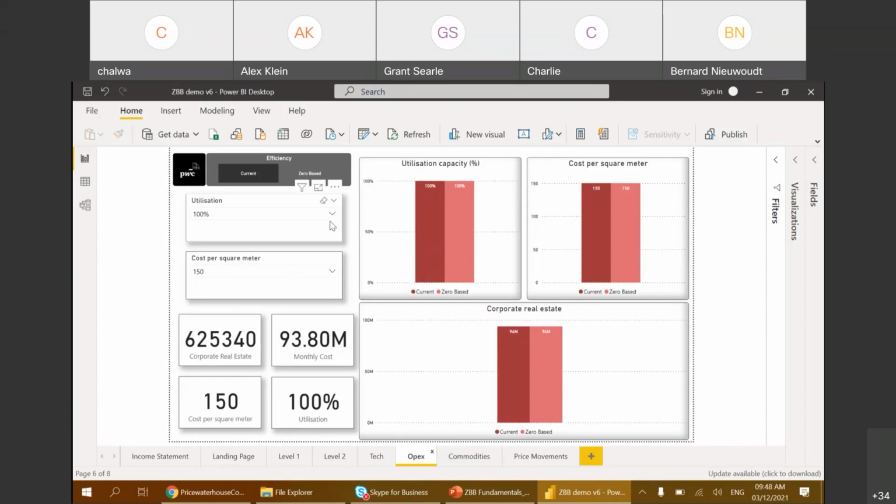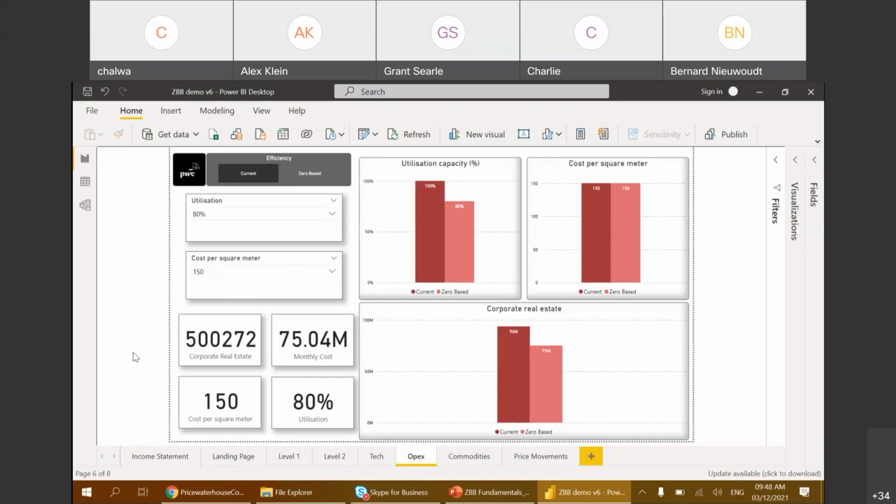So you might want to move towards an 80% utilization model where you say 4 days is office and 1 day is from home, which means you completely change how many square meters of corporate real estate you're renting. For this client, for example, across South Africa as a whole, this would take the 625 down to 500, because you would change the way you enter into contracts, since you are actually reducing the capacity that you want.